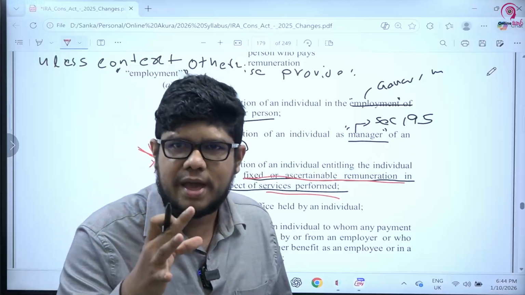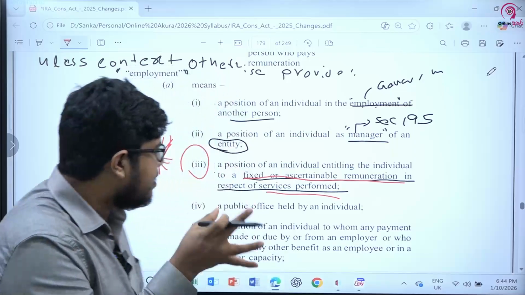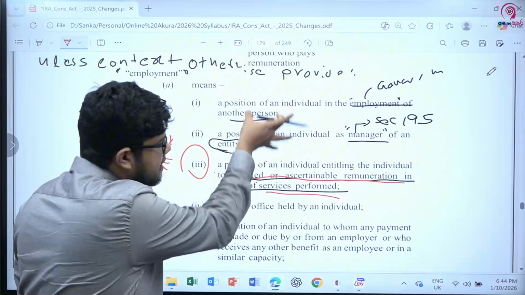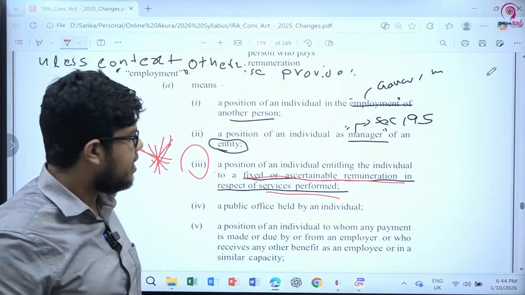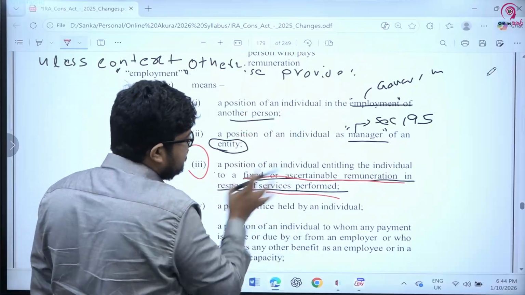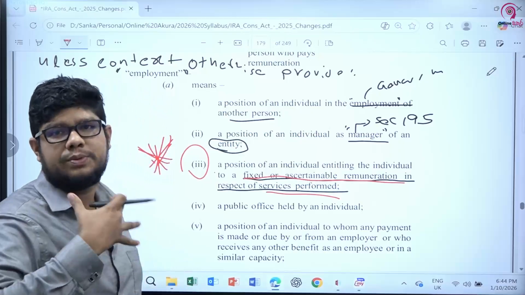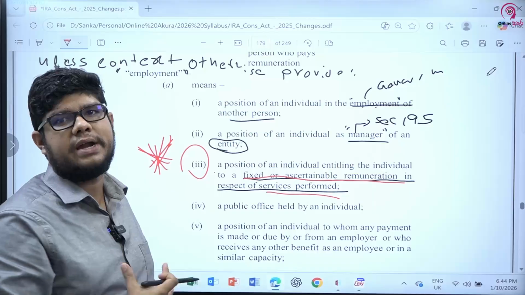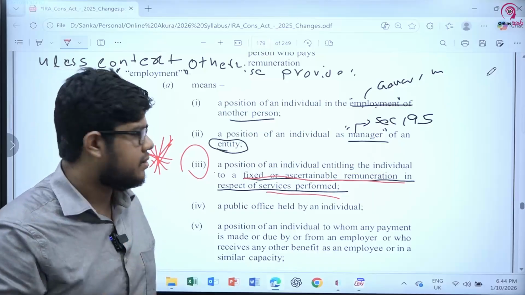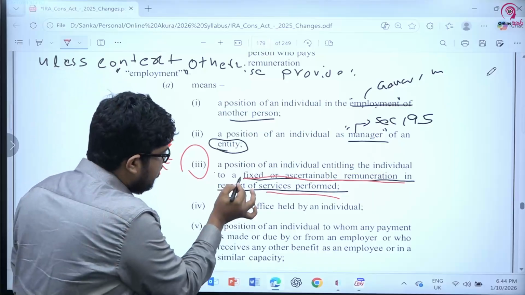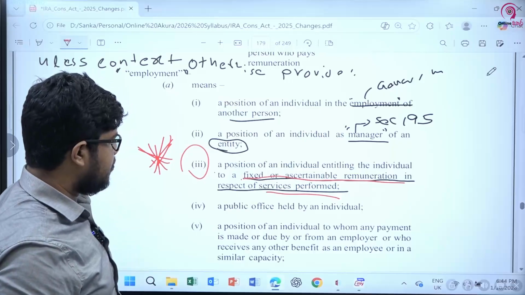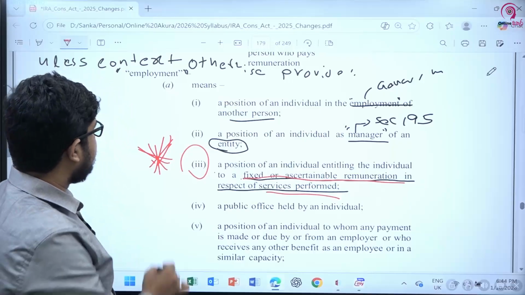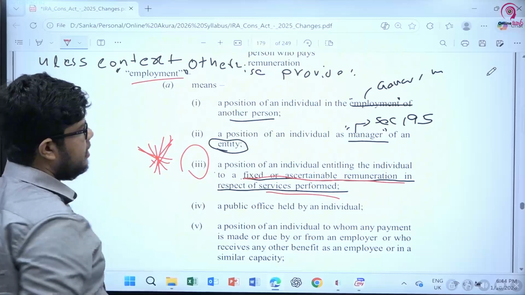So that contract should not satisfy these characteristics. If there are these characteristics, there is a possibility that the service contract is classified as an employment contract. This is a very important character of the term employment.